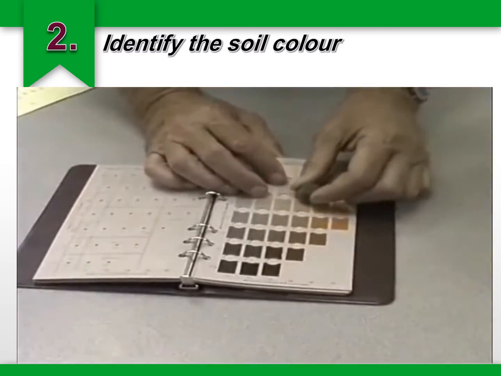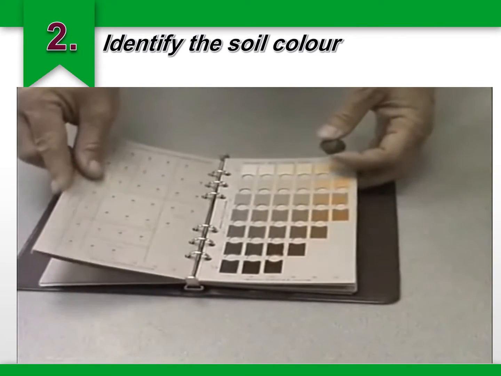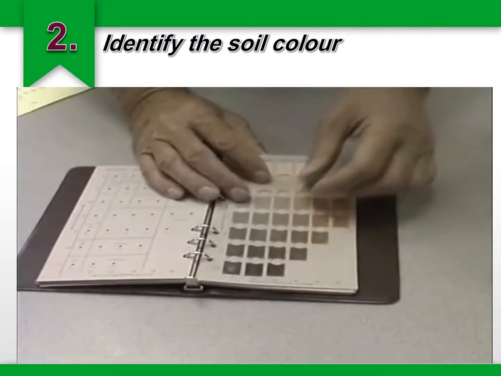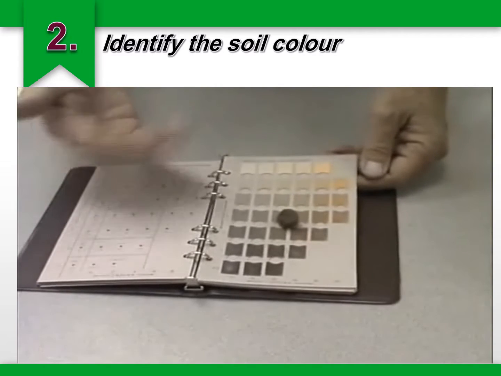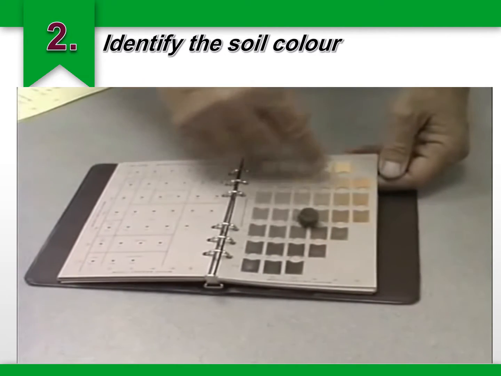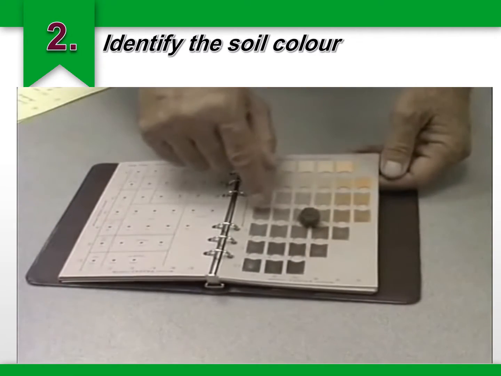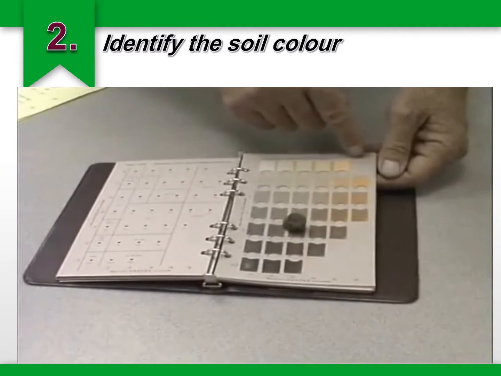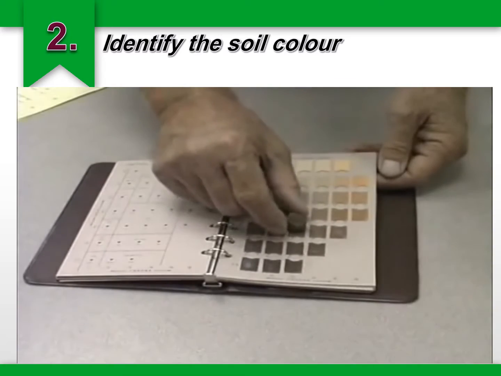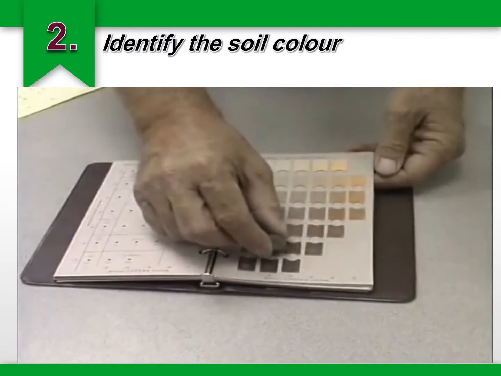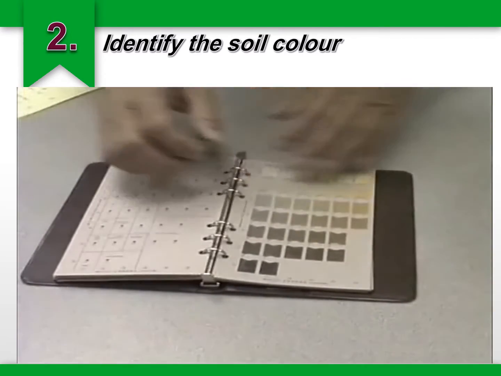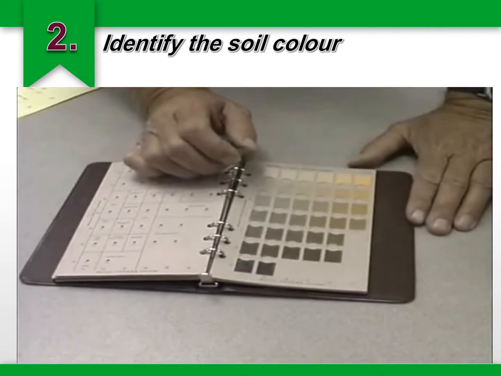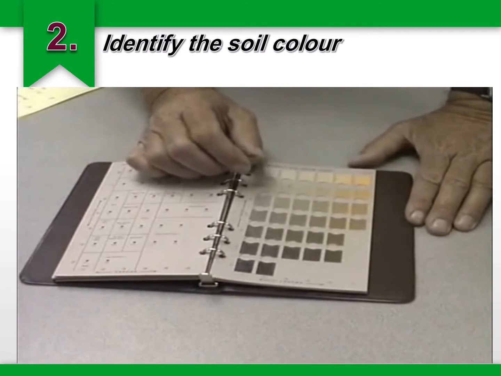If I go back to this chart and compare the PED that is in my hand with this particular chart, one of the things that comes out to me is that I'm probably in the wrong hue page, because this soil is a little bit darker in color than what I have on the 7.5 YR chart. So I don't see anything that matches up very well, so the first thing to do is to identify the right color chart or hue chart to begin with.